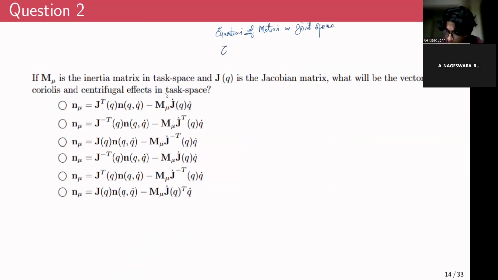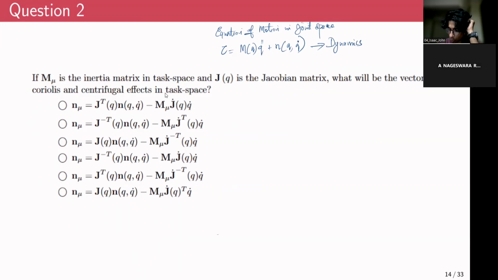We can write it as tau equals a mass matrix of q multiplied by q double dot plus N of q, q dot. I'll label this as the dynamics equations of motion.